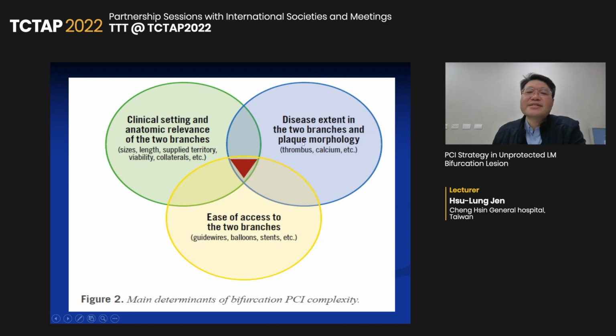Sometimes the disease is in the two branches also, and the plaque morphology, such as calcification and thrombus burden, we should also consider. And finally, sometimes the sharp angle makes it difficult to approach the side branch. So we should also consider the guide wire or balloon to access the side branch.